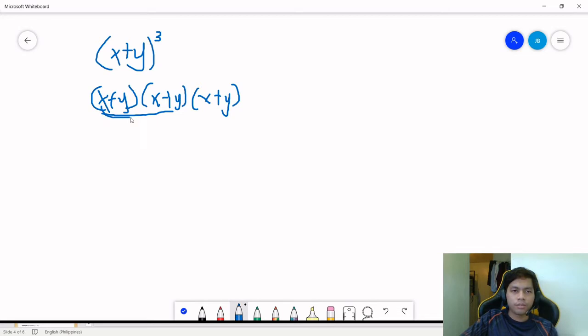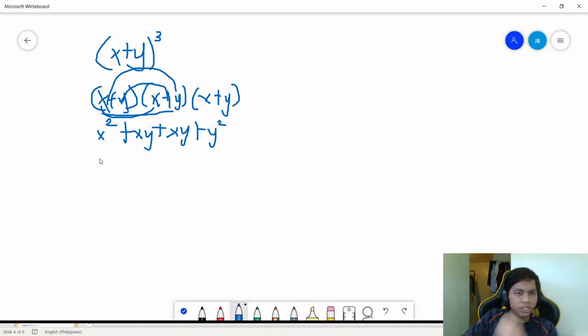So, FOIL. x times x, that's x squared. Plus xy. Plus xy. Plus y squared. Then that is just equivalent to x squared plus 2xy plus y squared.